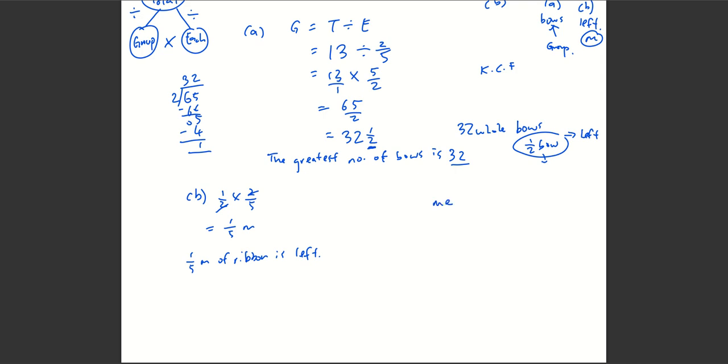Another method that I can look at it is method 2. So this is half, and then this is half of the bowl, right? So method 2 is I have 32 bowls. So ribbon used, 32 whole bowls times each bowl is 2/5. That will give me 64/5 a meter.